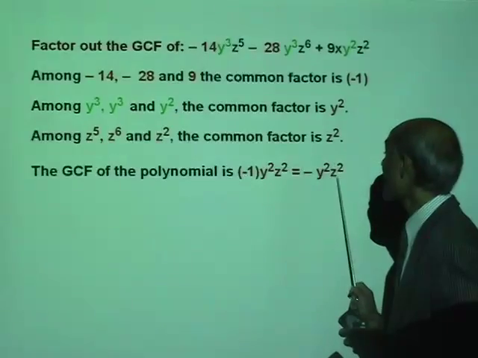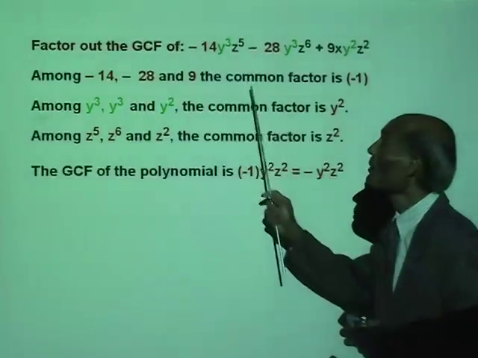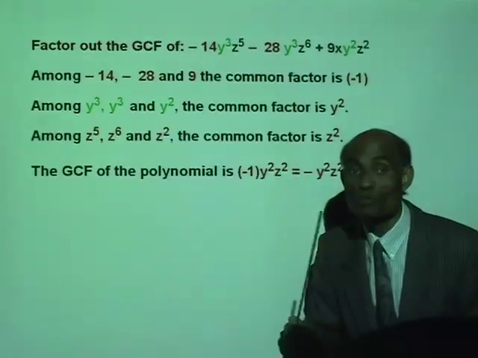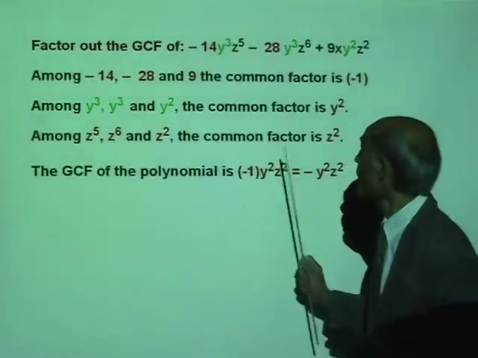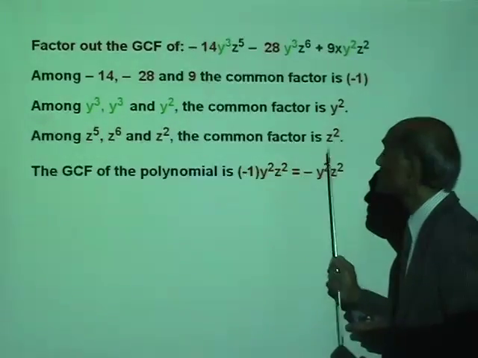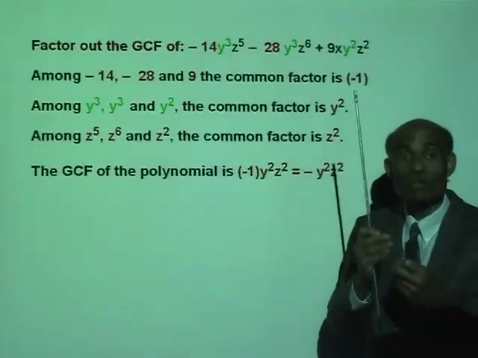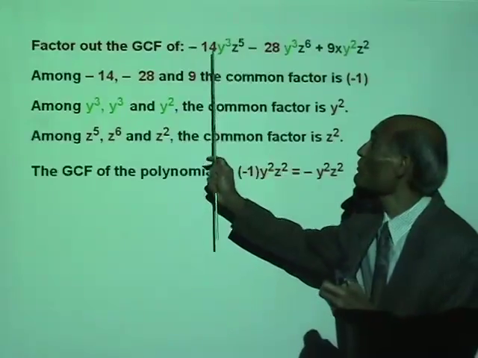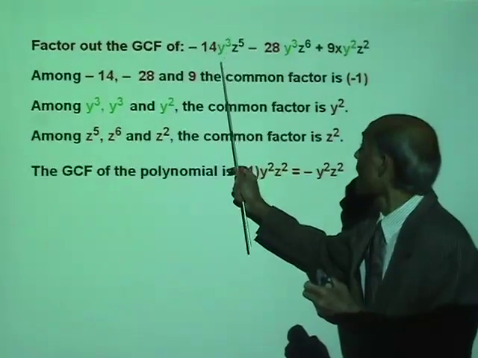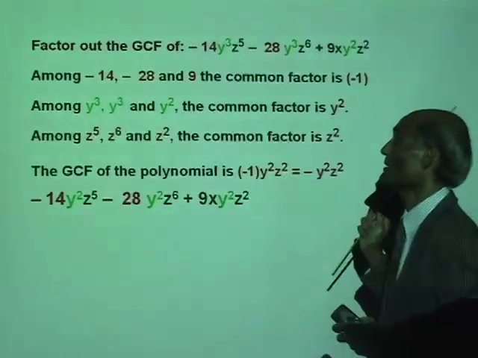After you factor out a z squared, what is remaining in the first term is z to the power of 3. And so, when the common factor negative y squared z squared is taken out, what is left in the first term will be positive 14 y z cubed.